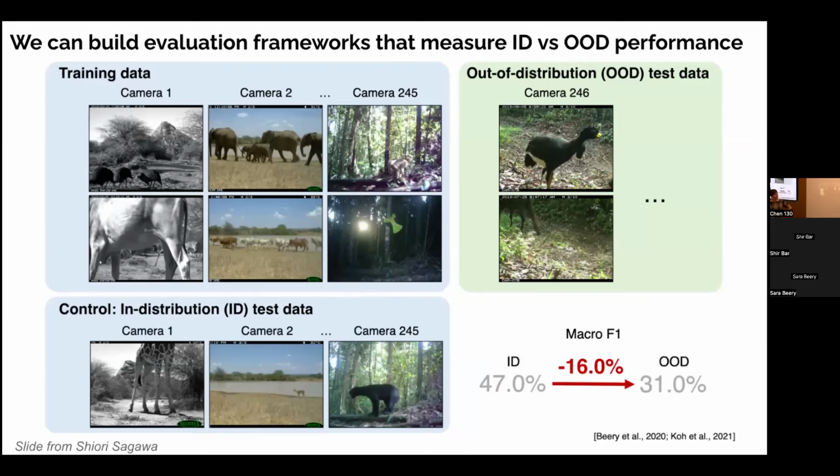But one thing that we can try to do is start to explore what is a reasonable claim based on our data by explicitly building evaluation frameworks or benchmarks that try to measure that out of distribution performance, where that out of distribution performance is somehow representative of the ways that we think the model might be used out of distribution. So that could be a temporal generalization on a set of camera traps. If the way you want to use the actual model is on those same camera traps, but next year, you can just hold out an entire season in time, evaluate on that.